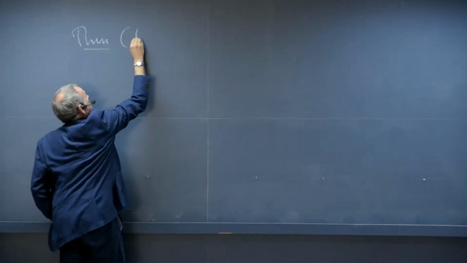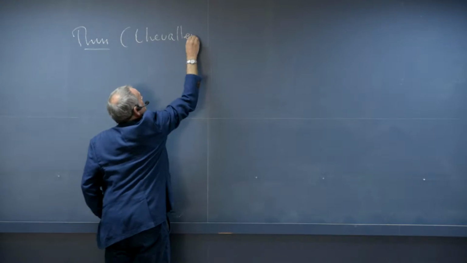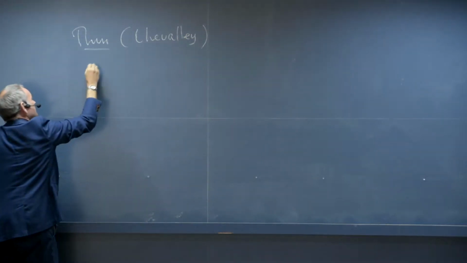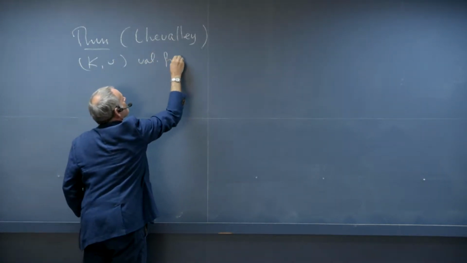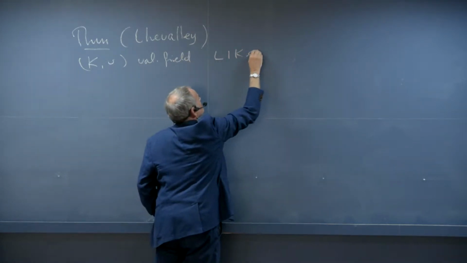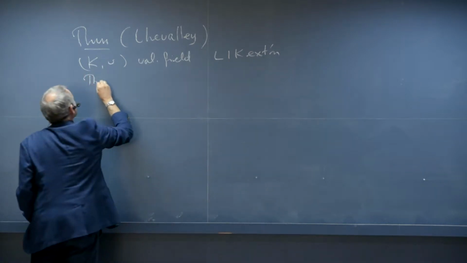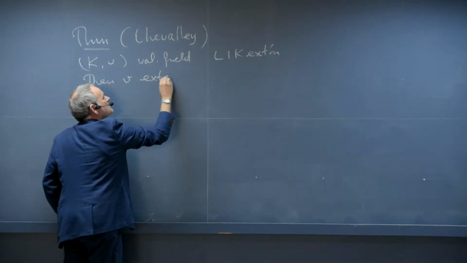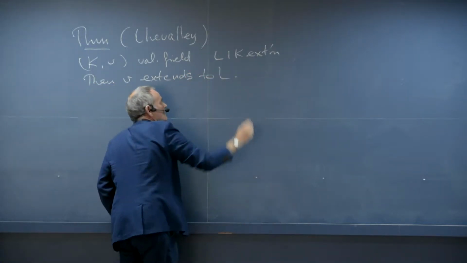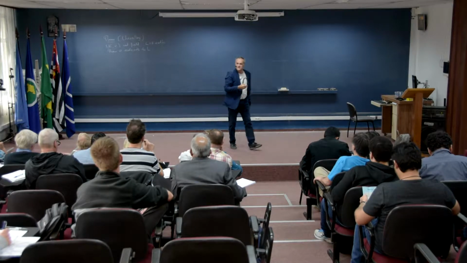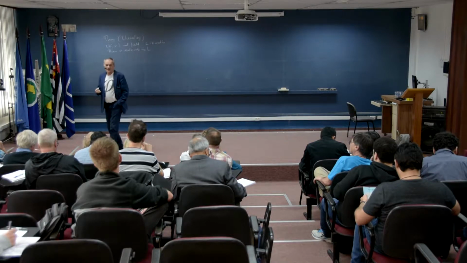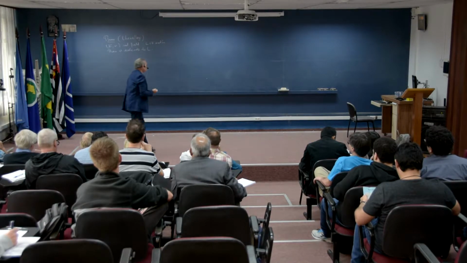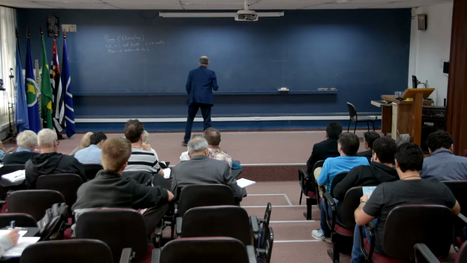The theorem, also known as Chevalley's place extension theorem, says: if you have a valuation v on K and L over K is any extension, then v extends to L. And if you take this together with the two constructions that I have shown, what we get is that the only fields that do not admit non-trivial valuations are the finite fields and their algebraic extensions. Okay, so we have lots of valuations around.